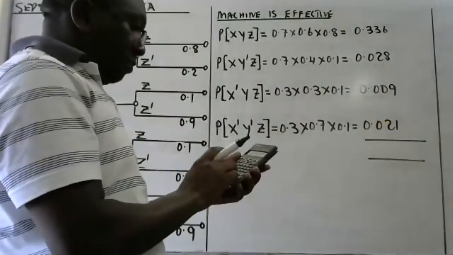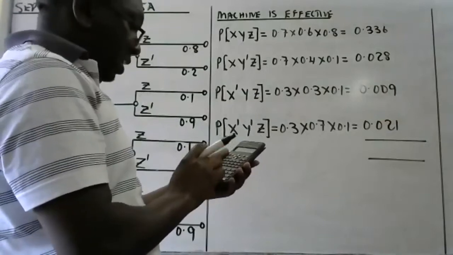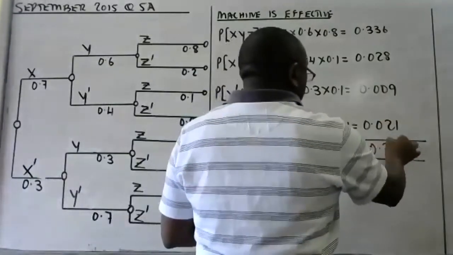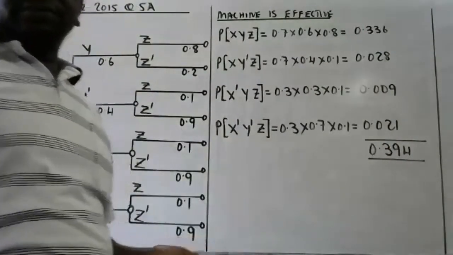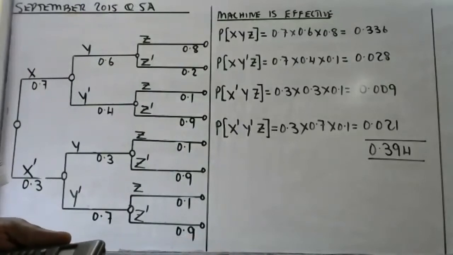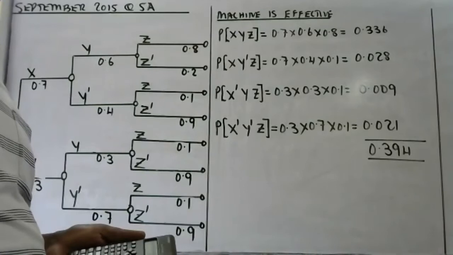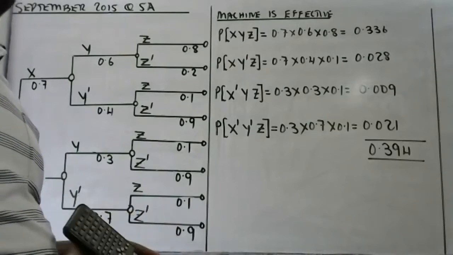So if you combine, that is giving me 0.394. Is that fine? Are you fine there?